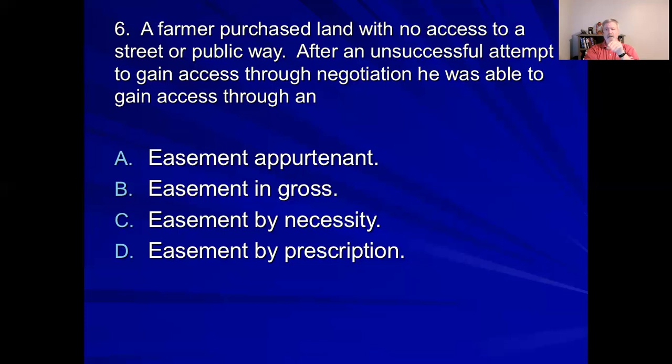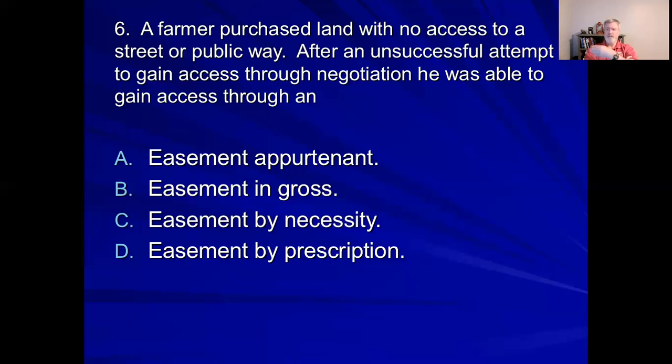In other words, he talked to some of the other owners that were adjacent to his property, trying to get permission, basically to have an easement granted to them so that they could legally cross over their land to be able to get to the owner's property, right? And nobody would give him permission. They said, nope, you ain't coming on my land. Not going to happen. Not here. Nope. So now what do? Well, again, by law, they cannot be denied access. So the only recourse is to go to court.